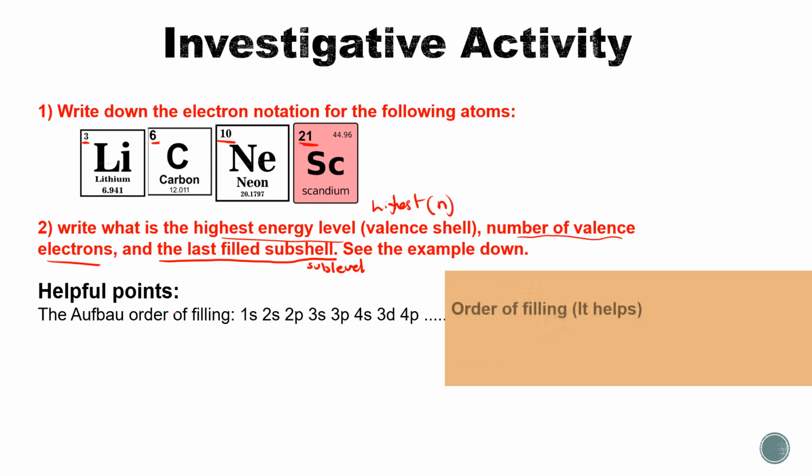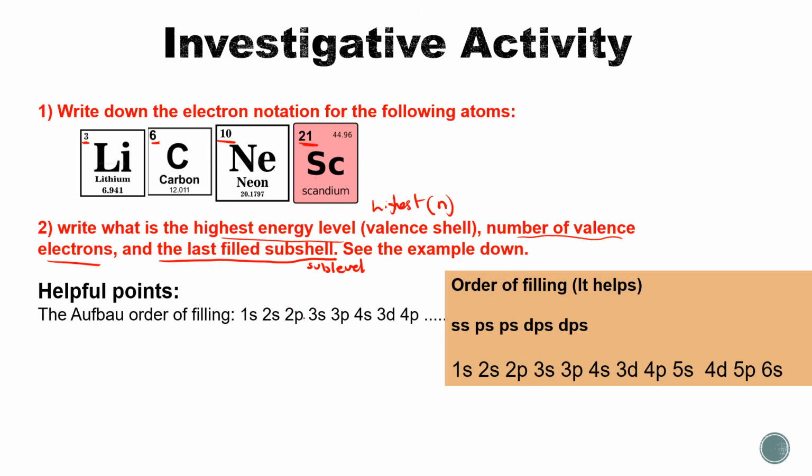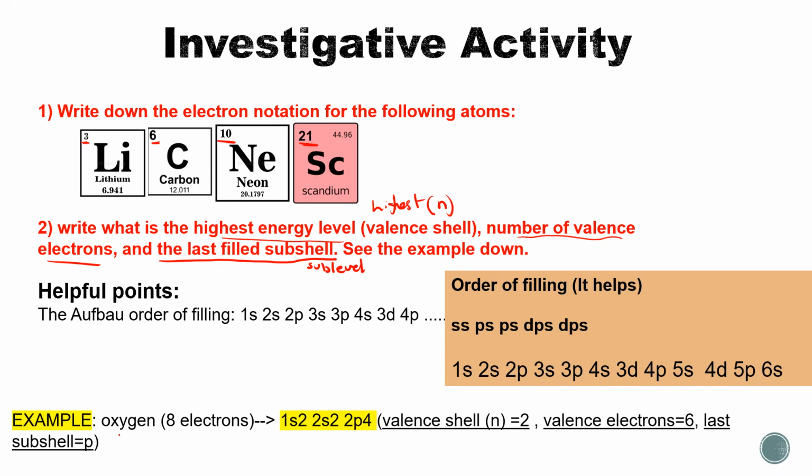This is the order of filling, if you remember, just to help you. For example, oxygen has 8 electrons, right? So this is the electron notation: 1s2, 2s2, 2p4. The valence shell or the highest energy level is n equals 2, which is here, right?